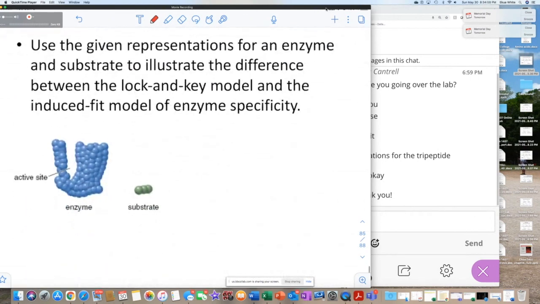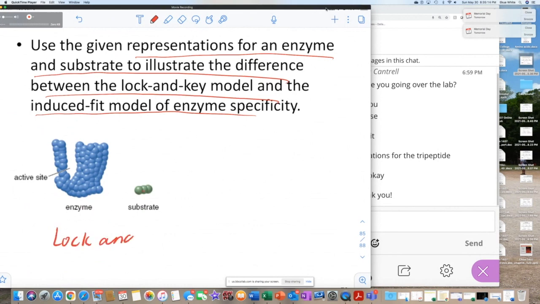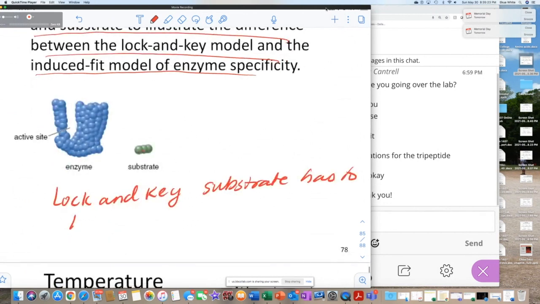Here we're told to use the given representations for an enzyme and substrate to illustrate the difference between the lock-key model and the induced fit model of an enzyme. Well, we know with the lock and key model, the substrate has to be compatible with the enzyme.